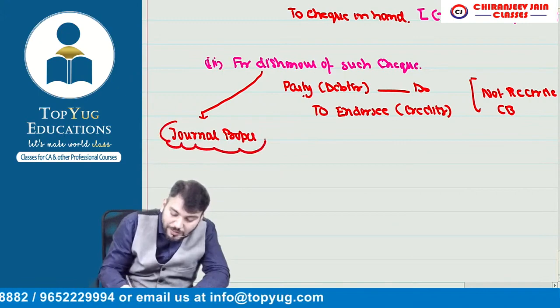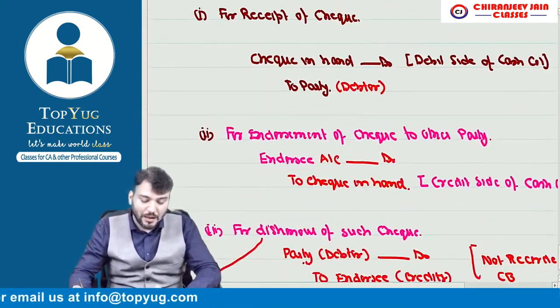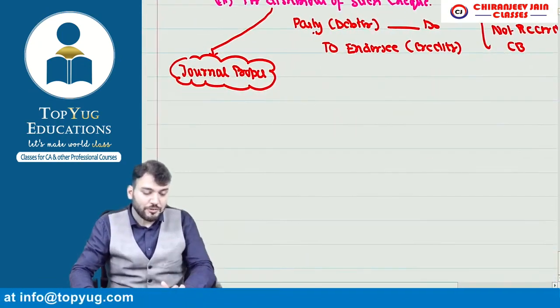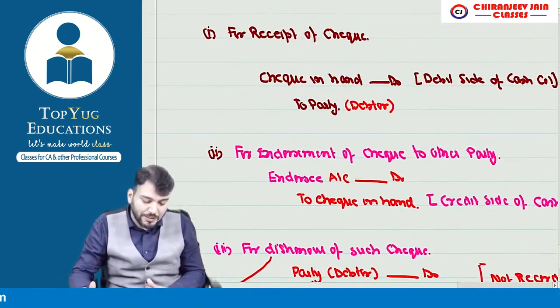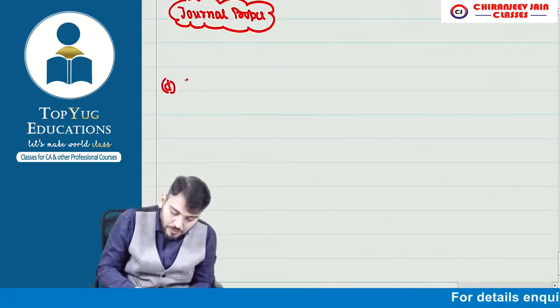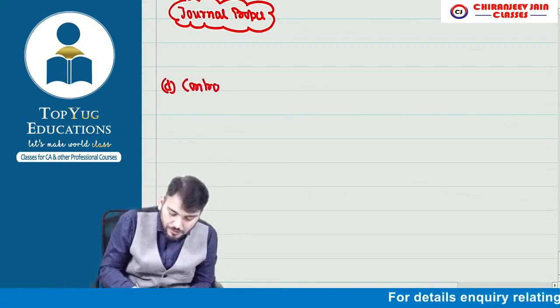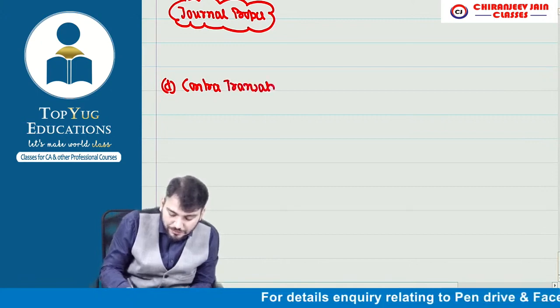Any doubt? I think you have understood. Then add on point number D: contra transaction or entry.